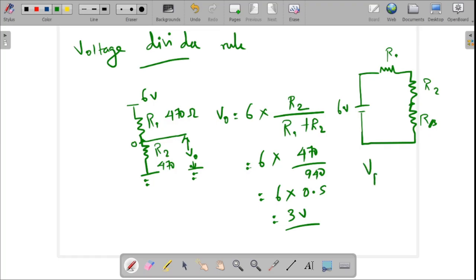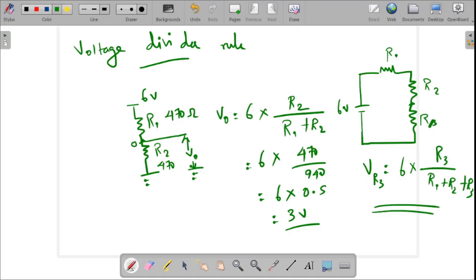So VR3, meaning voltage across R3, is equal to the total voltage, 6, into R3, because that is the resistor across which we are finding the voltage. R3 divided by, now in the previous circuit we had only 2 resistors, so R1 plus R2. Here we have 3 resistors in series, so it is R1 plus R2 plus R3. That is how you have to use this formula.